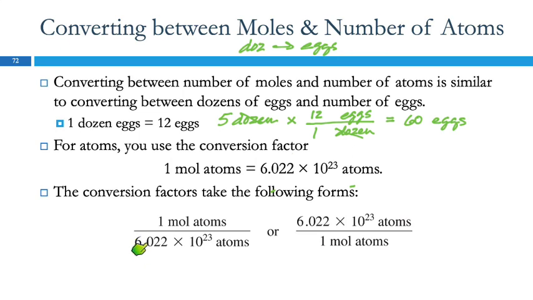Sometimes students put the number with the wrong thing, and they'll say that there's 6.022 times 10 to the 23rd moles in 1 atom, which is like telling me that 1 egg is equal to 12 dozen eggs. No. If you are mixing those up, put in the word dozen for mole, because it's the chemist's dozen, and make sure that what you're writing out makes sense.